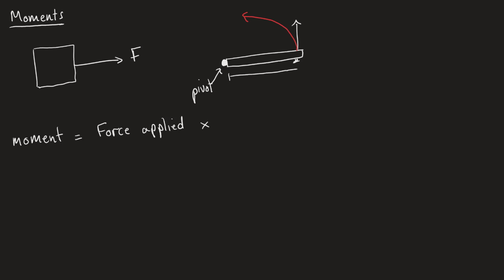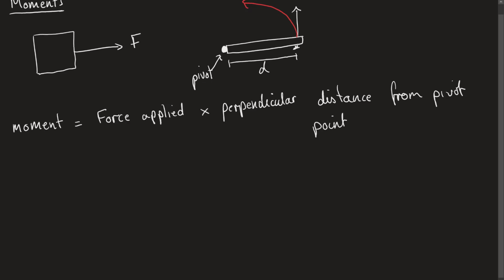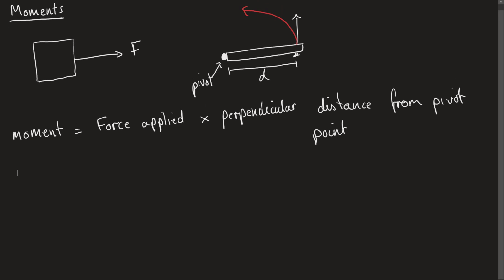So this distance here, let's call this d, the perpendicular distance from the pivot point. Okay, now this is a very long-winded way of writing it down. I could actually just write it as it's shown in your formula sheet: moment is equal to FD.